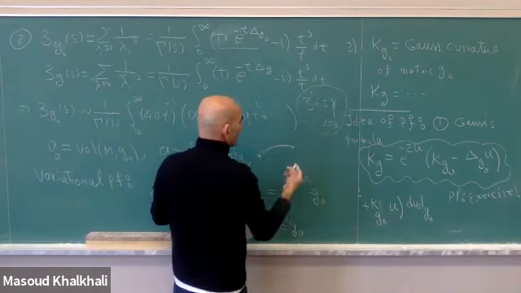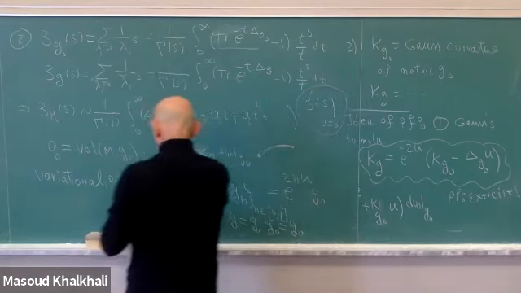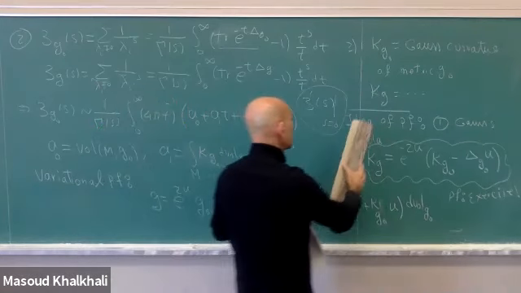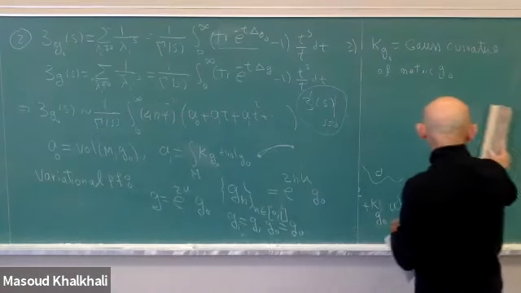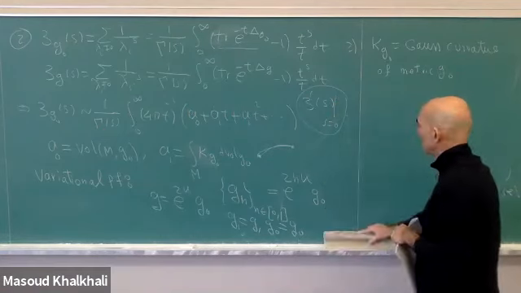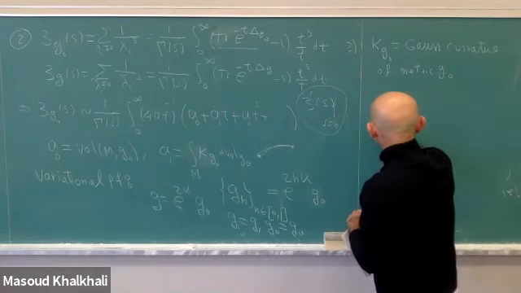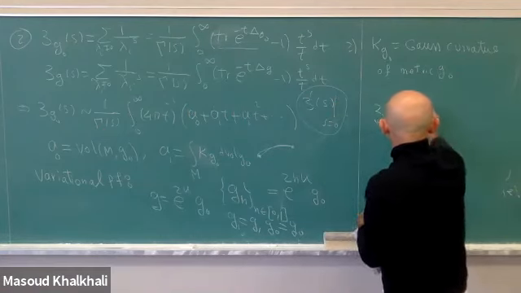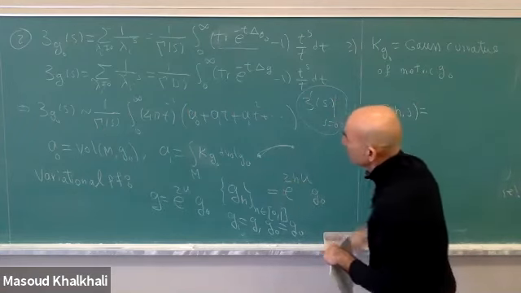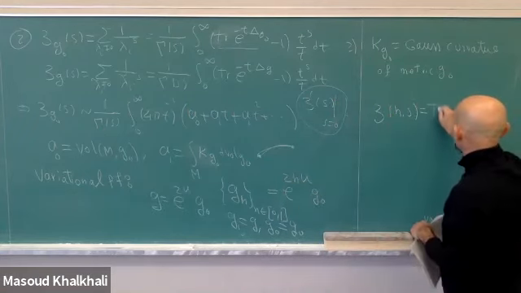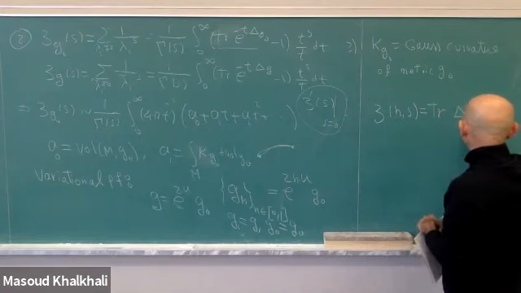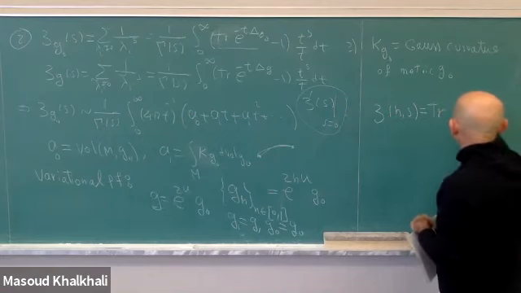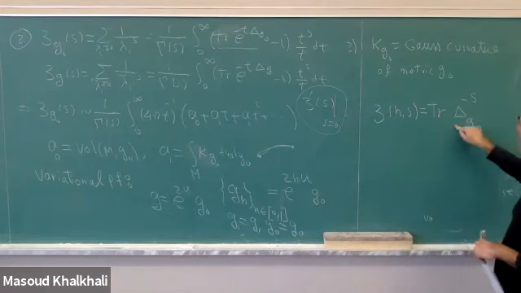But now you have a two-parameter family of functions. It depends on s and on h. So let me put it like this: zeta of h, s. Basically, this is equal to the trace of the Laplacian of g_h to the power minus s. It's this one.